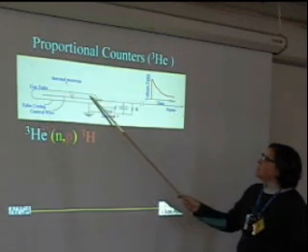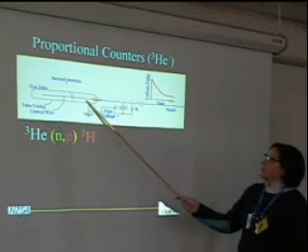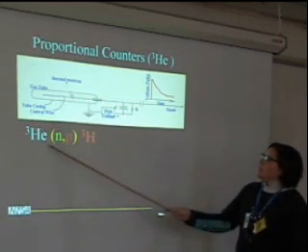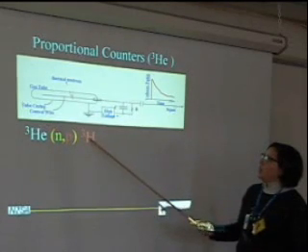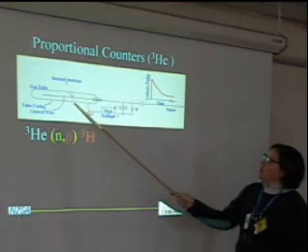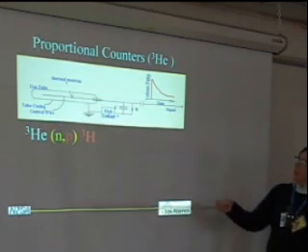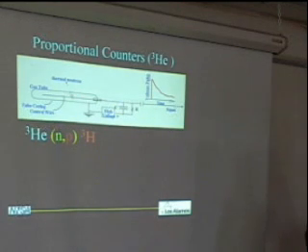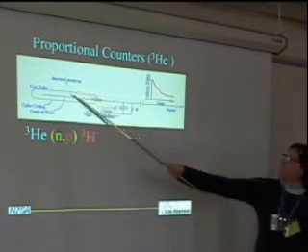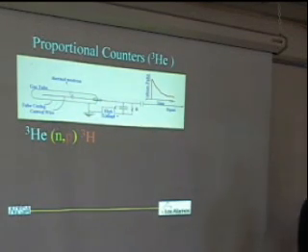So you have a high voltage difference between the central wire and the casing. When a neutron comes in and liberates the proton and triton, they are attracted to the wire and the walls and ionize gas on the way, and they form a little electron cascade, and a pulse is collected on this wire and read out as a voltage pulse.